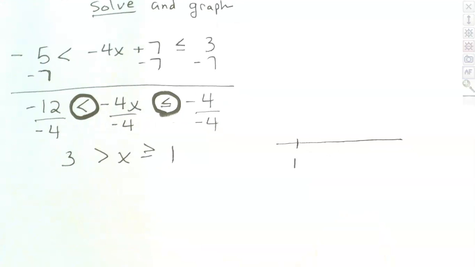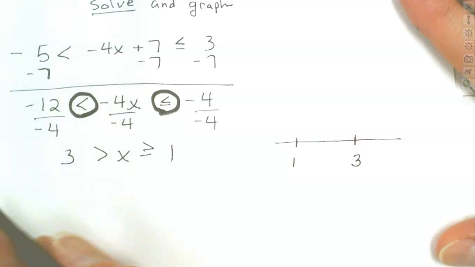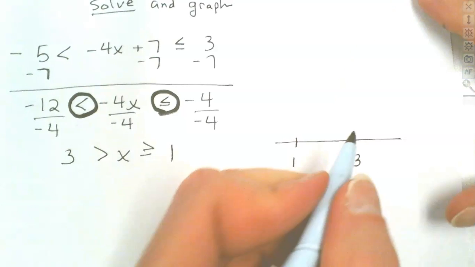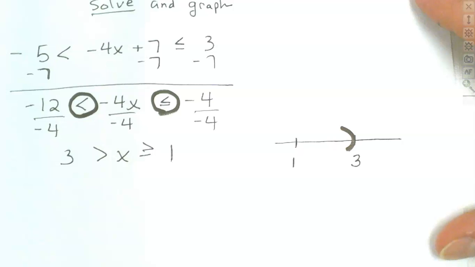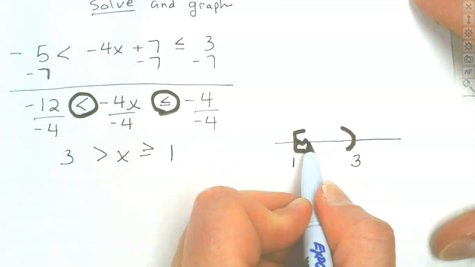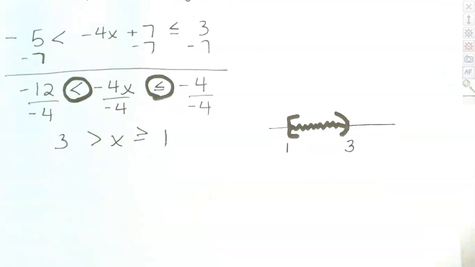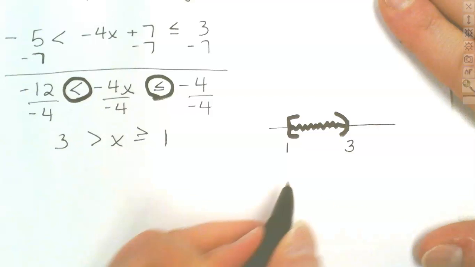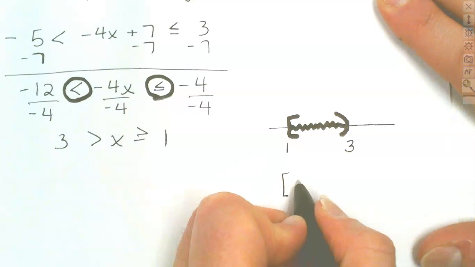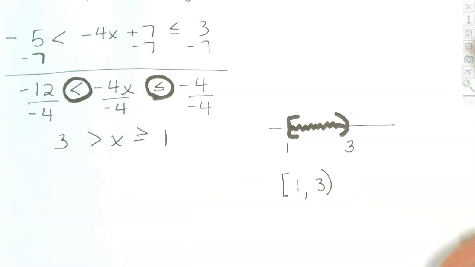And on the right, we have a 3. At the 3, we have parentheses. And at the 1, we have square brackets. Our answer is going to be in the middle. So then in interval notation, it's going to be square bracket 1 to 3 with parentheses.